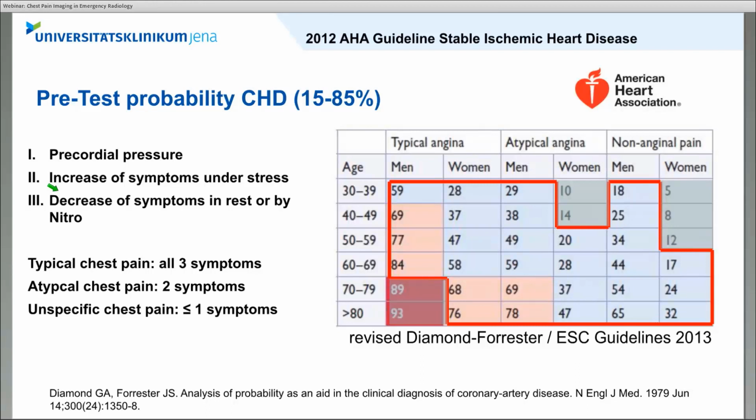If you have only one of the three symptoms, you have non-anginal pain. If you have two symptoms, you are atypical. And if you have all three symptoms, you have typical angina. As you can see, they recommend non-invasive imaging such as CT between 15% and 85% pretest probability.